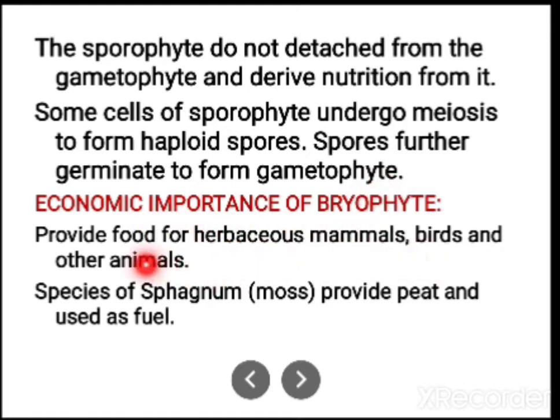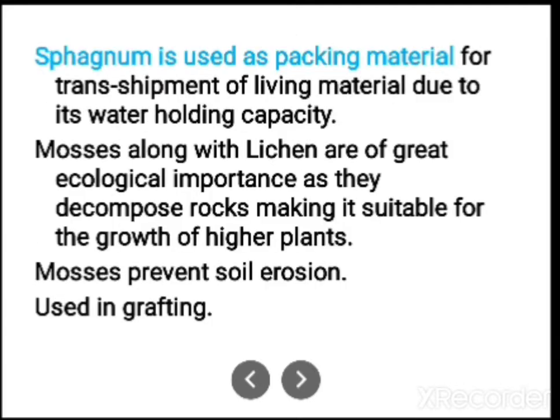Let us see. They provide food for herbivorous mammals, birds and other animals also. The species like Sphagnum, a type of moss, provides peat and it can be used as fuel also. Sphagnum can be used as packing material for transshipment of living material, due to its water holding capacity.